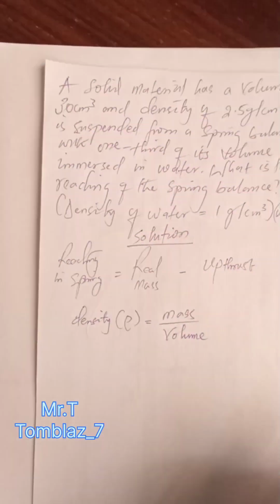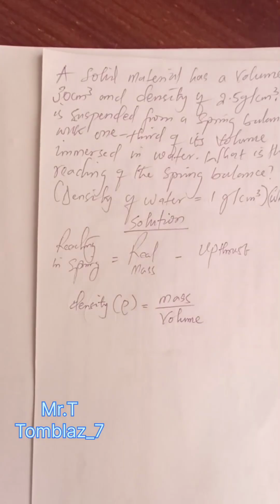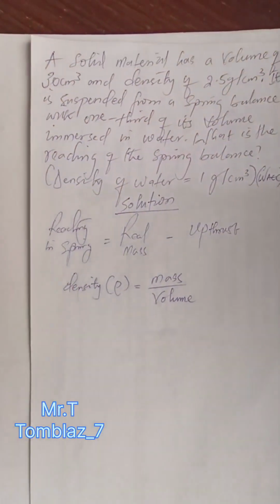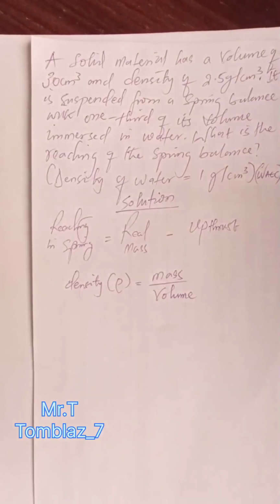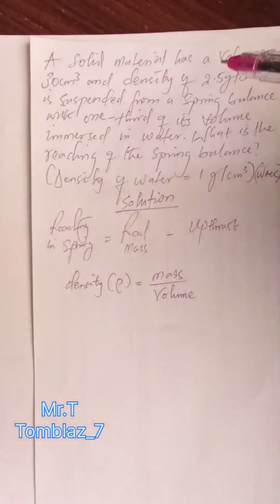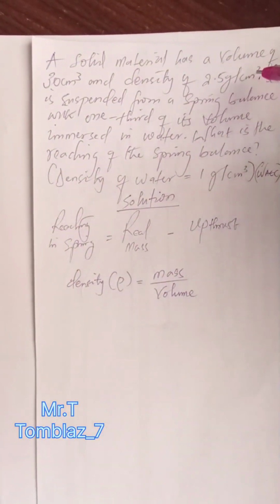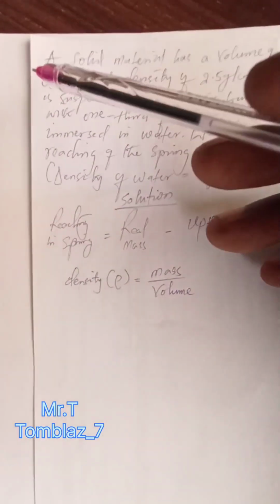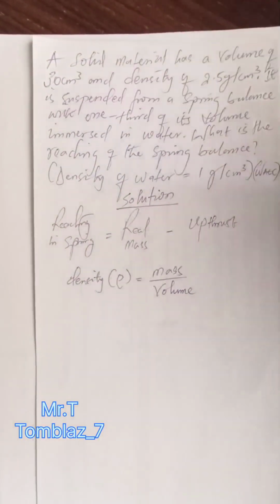If we are dealing with this very material they are giving to us, what is our mass? What is our volume? They gave us the density to be 2.5 grams per cm³, and they gave us a volume to be 30 cm³.